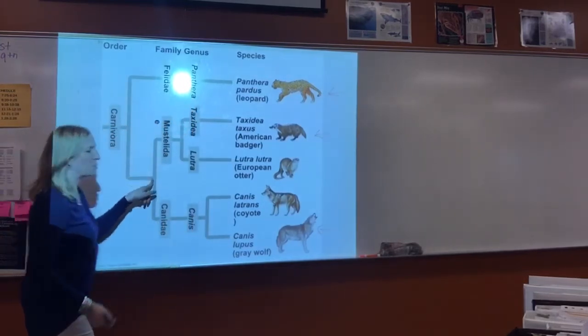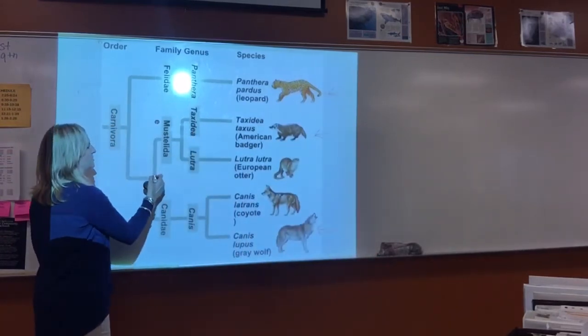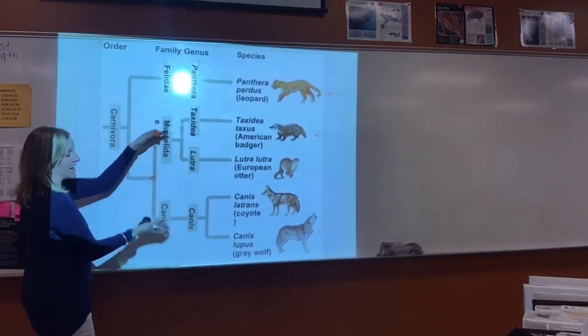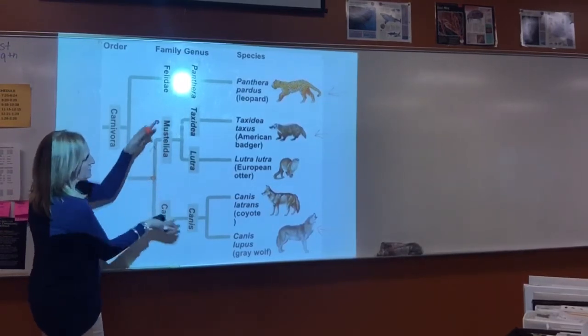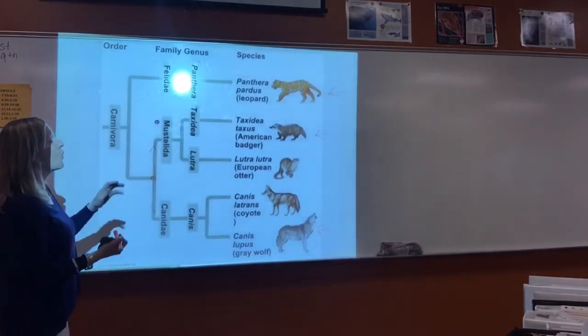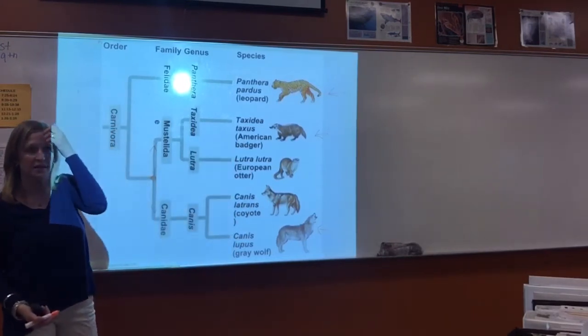This point right here represents a common ancestor, and this branching represents a divergence. The species diverges, and this is the common ancestor. Where is the common ancestor of the badger and the wolf with the leopard?